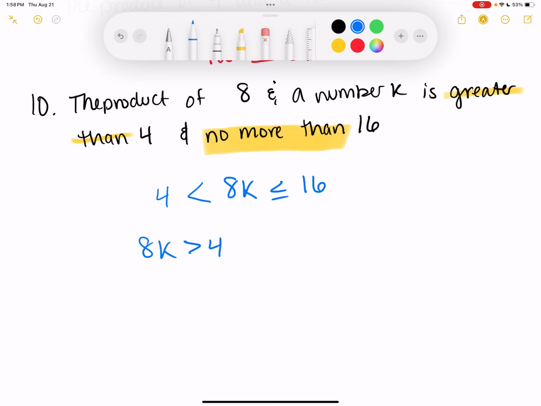So this is telling us that 8k, so 8 times k, is bigger than 4 and less than or equal to 16. Okay? Any questions on those? Just going to take a little bit of getting familiar with the wording, especially if they're not just saying less than or just greater than and stuff like that. But as you become more familiar with the words, it'll make more sense.